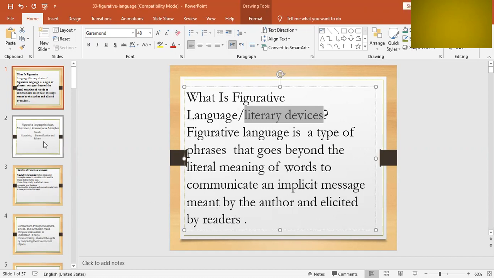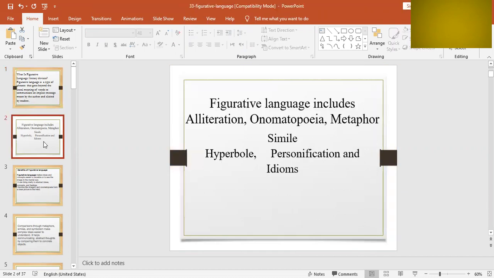Let's have more details now. Figurative language includes alliteration, onomatopoeia, metaphor, simile, hyperbole, personification and idiom.